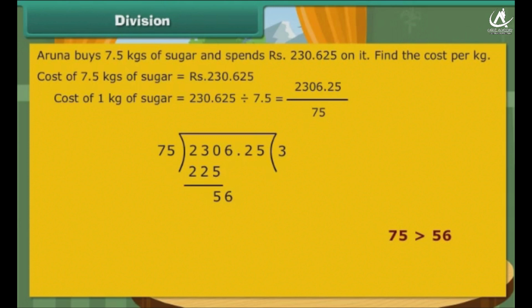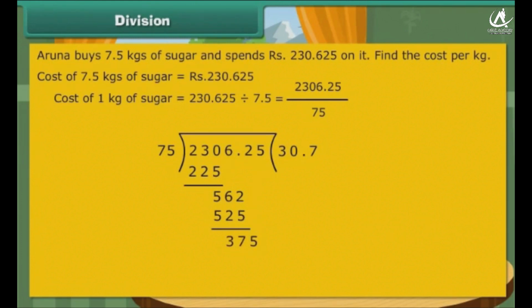56 cannot hold 75. So write 0 to the right of 3. Bring 2 also down. Since 2 appears after the decimal point, place a decimal point to the right of 0. The new number 562 holds 7 times 75, that is 525. Subtract and write the difference, 37 below.